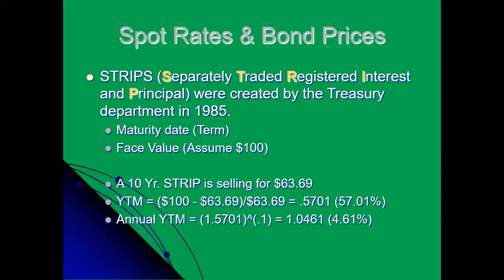That's 1.5701 to the power of 0.10. Or if we think about it, this is 1.5701. That is 1 over 10, or 10%. And we can go back to the annual YTM with that formula. YTM here is actually good for 10 years. So if we want to get the 1 year, that's what we can do now.